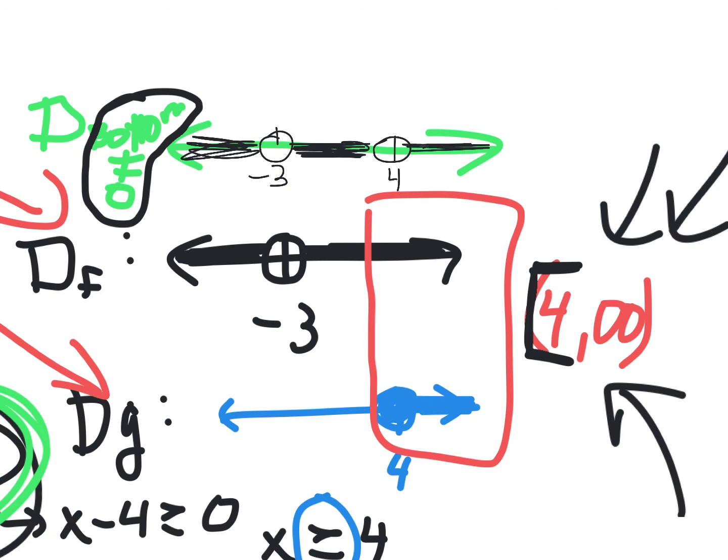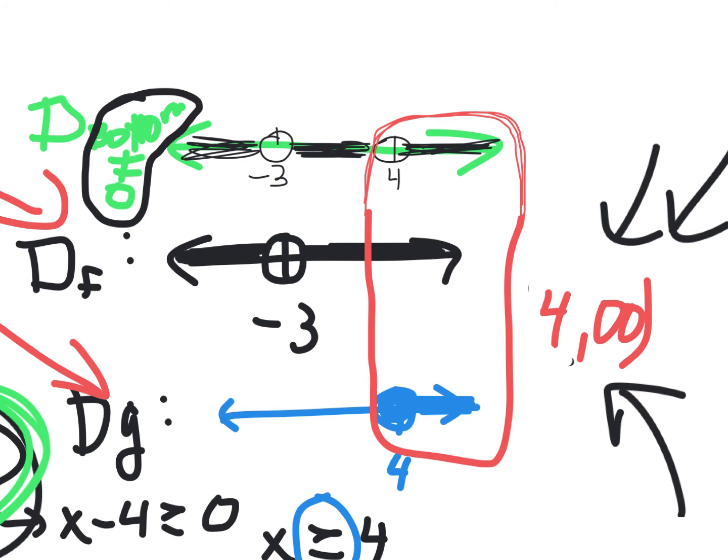So now if I include that in my final answer, I'm going to erase this part here, because now I have to look at all of that. Do you get that now my answer will be greater than 4? It can't be 4.